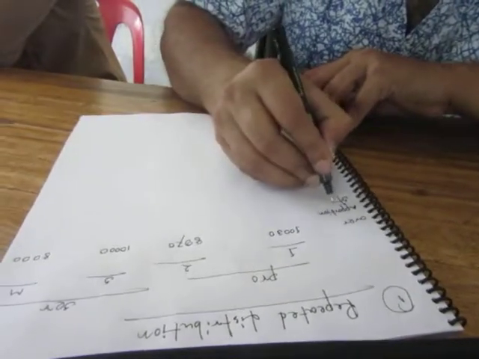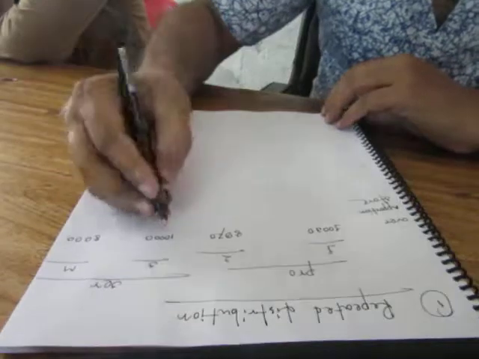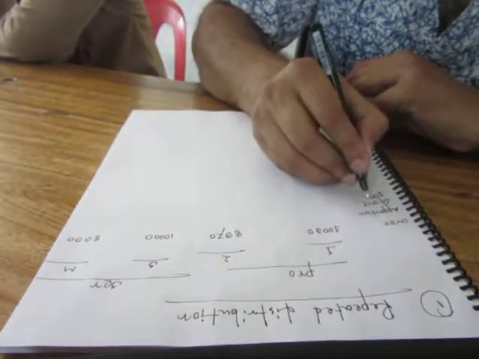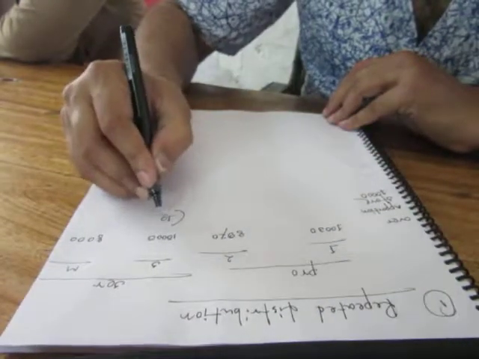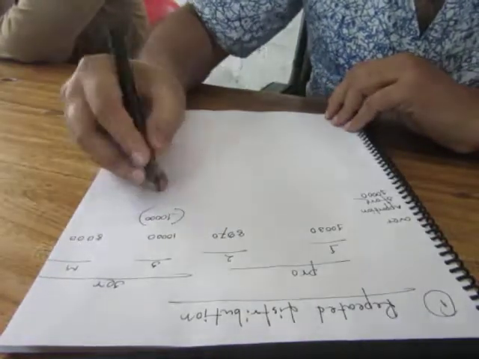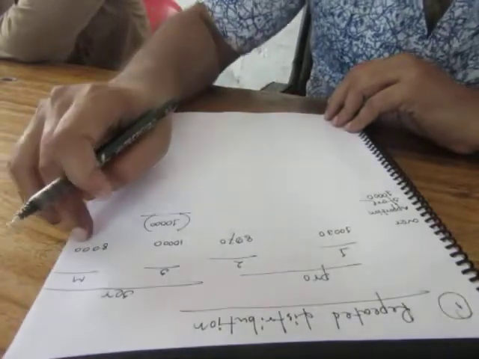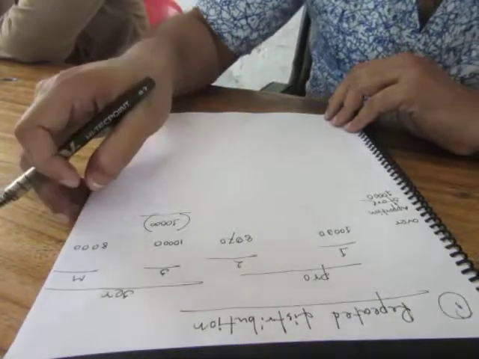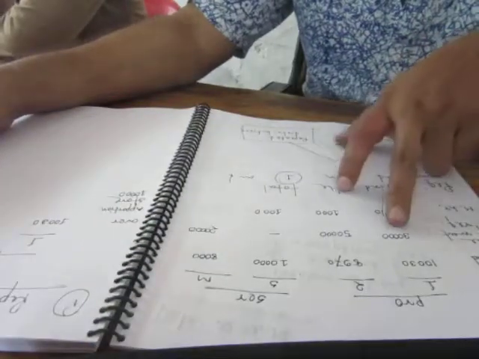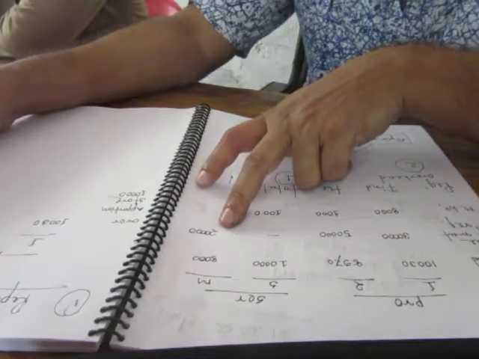See, initially we apportion store. I am just apportioning the store department cost, that is 10,000. When this is apportioned, it will be 0, right? And this cost will be distributed to the other three departments, and the proportion is according to the value of material requisition, that is 30, 50, 20.